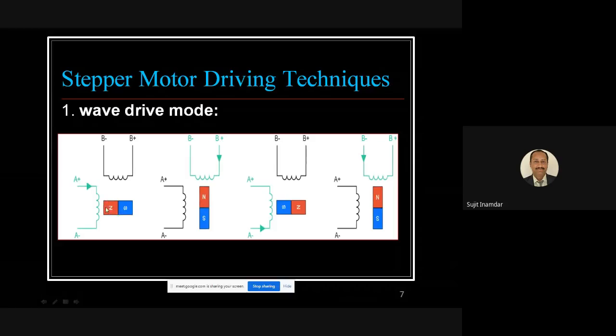And due to that, the repulsion and attraction of this magnetism, this rotor is going to rotate.